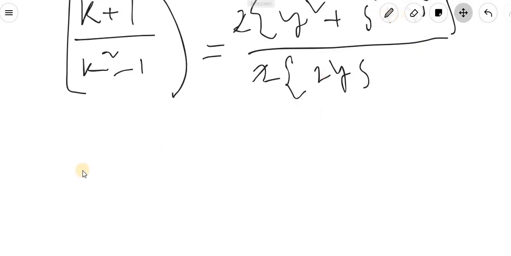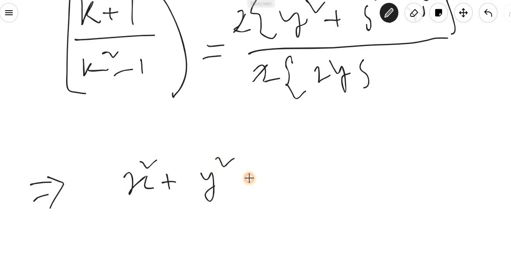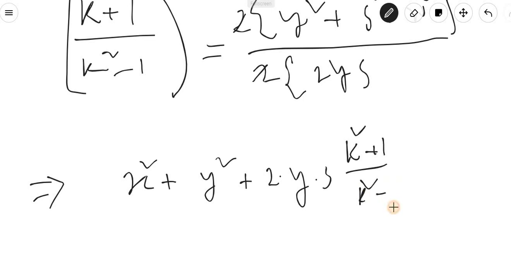Now, what will we get? This is x square plus y square plus 2ys (k square plus 1)/(k square minus 1) plus s square equal to 0.